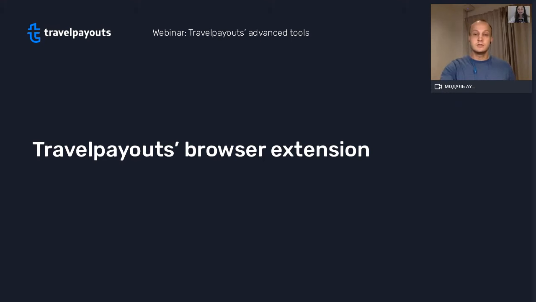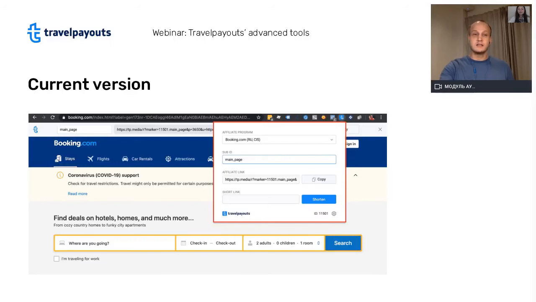For those who still don't use it, let me tell you a few words about it. Our Chrome extension is built to help you make your affiliate links very fast and accessible from the place where you like to make them, just right at your hand.